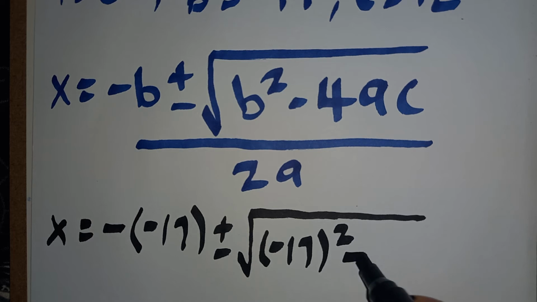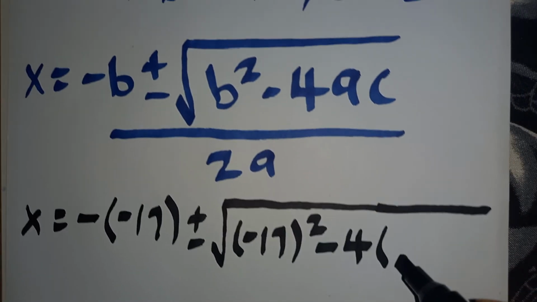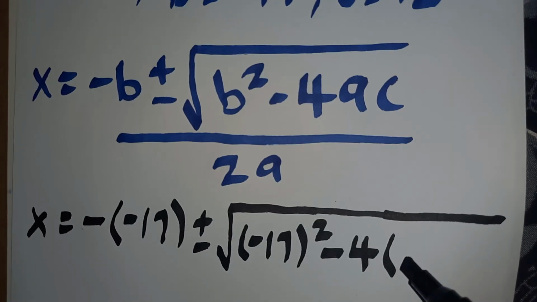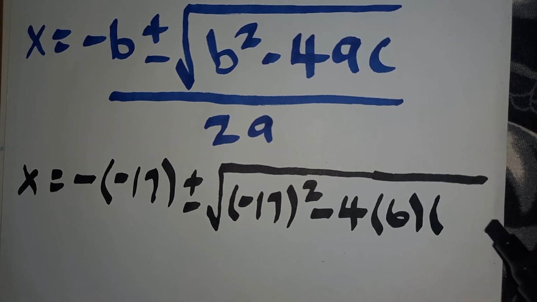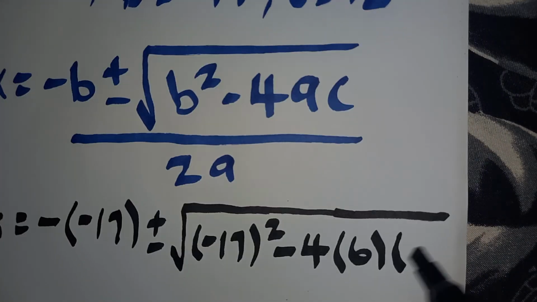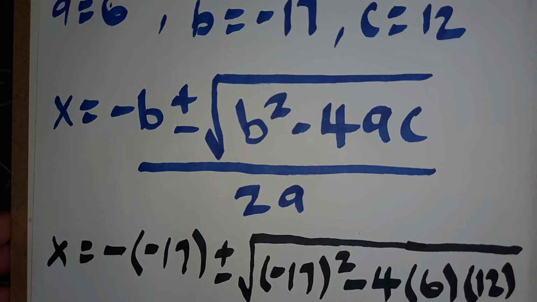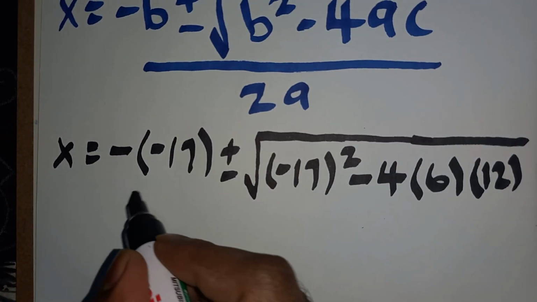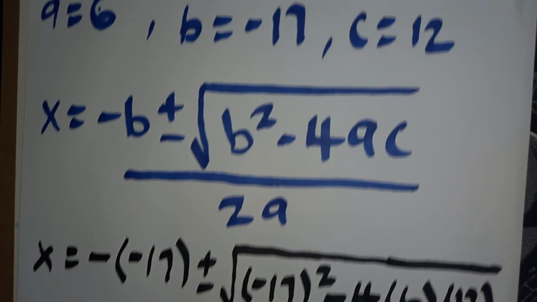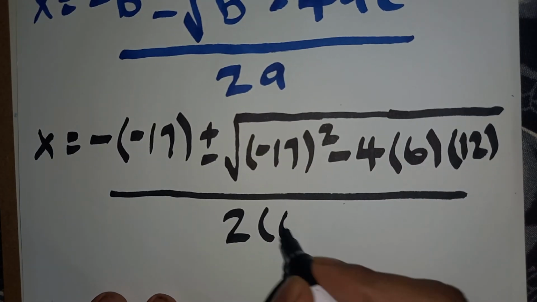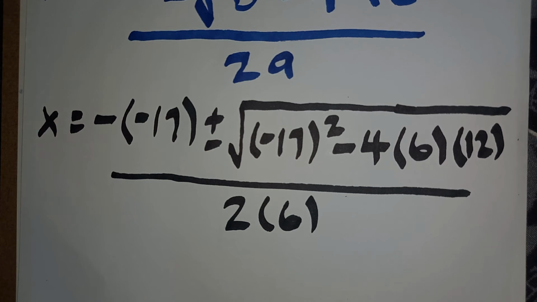Then you have a minus 4 times a, so our value of a there is 6, right? So 6 is going to go there, and your value of c is 12, so 12 is going to go there. Now you divide everything by 2 times the value of a, so value of a is 6, so 2 times a. Okay, so we have everything in the system now.